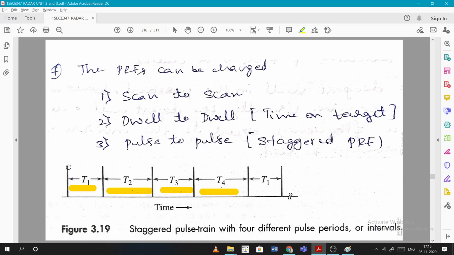Here it has to filter T1, T2, T3, all different values. Previously all were the same. For example, with uniform spacing of 3 seconds, it samples every 3 seconds, but now it has to sample at different time intervals.